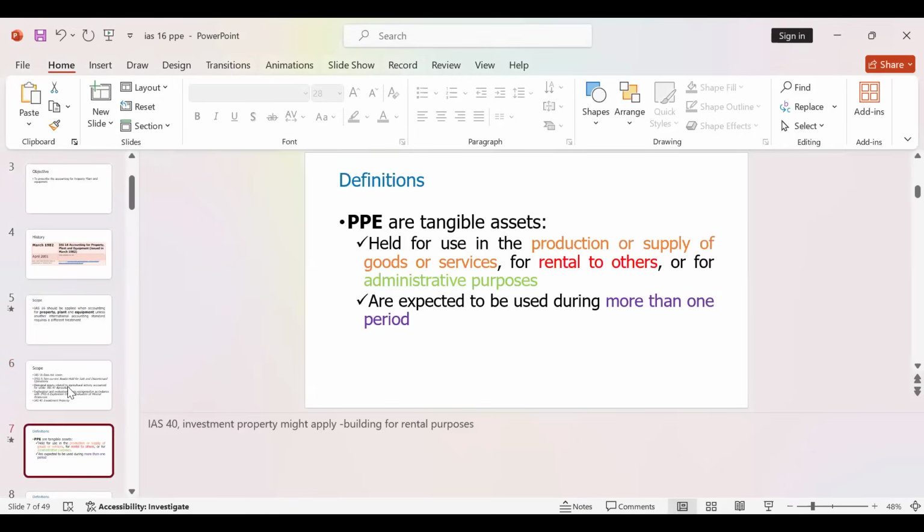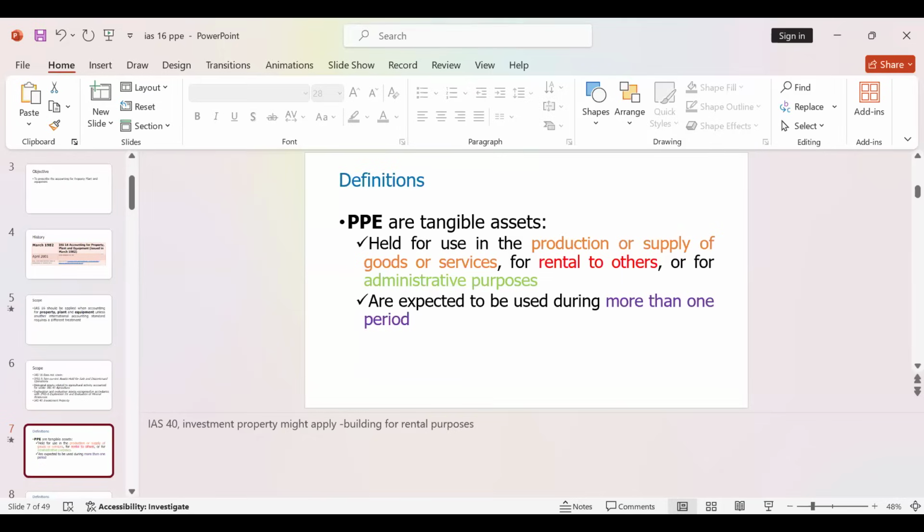The standard has given you a lot of definitions. Fortunately or unfortunately, you have to know these definitions. So take note of that. First definition is that of PPE, property, plant, and equipment. What is property, plant, and equipment? What is PPE? According to IAS 16, property, plant, and equipment are tangible assets that are held for use in the production or supply of goods or services, for rental to others or for administrative purposes.